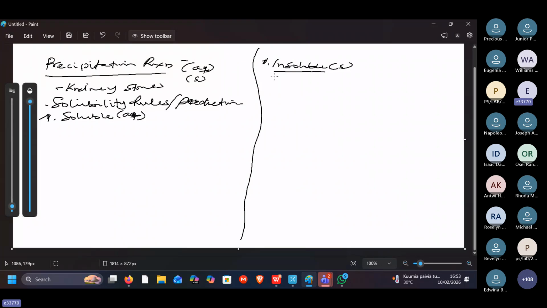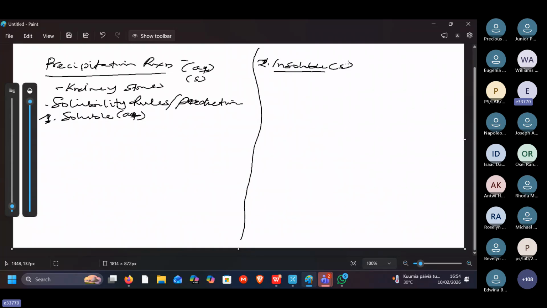So 2 parts. In part 1, we are looking at those that are soluble, and in part 2, those that are insoluble. That means those will easily form solid. So the ionic compounds that can form solid and the ionic compounds that will be in the aqueous form. Aqueous basically means they are in their charges.